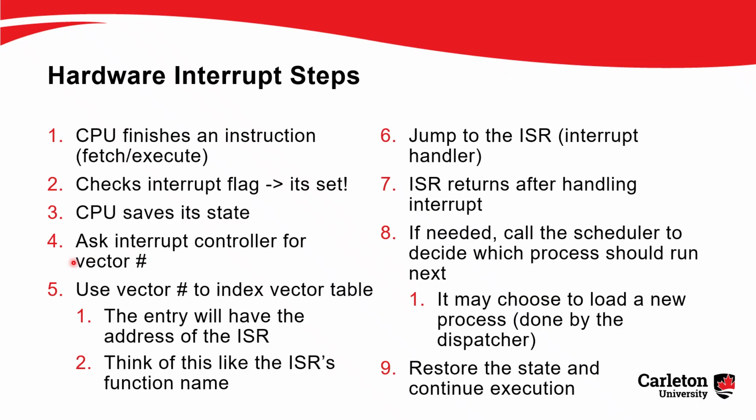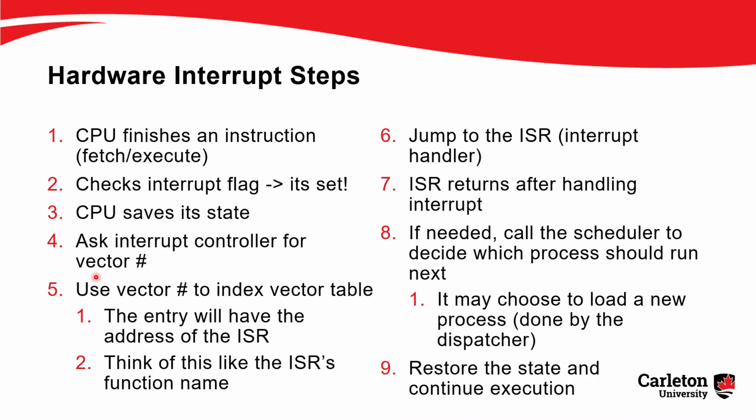The interrupt controller will have inputs for however many interrupts you have on your system, and one output. Based on each input, it'll know which number it is. Each device will be given a unique ID, a unique vector number associated with it.